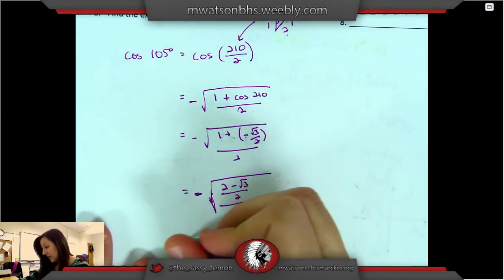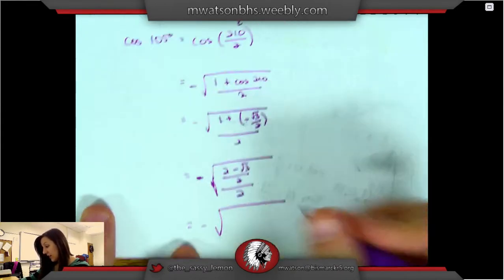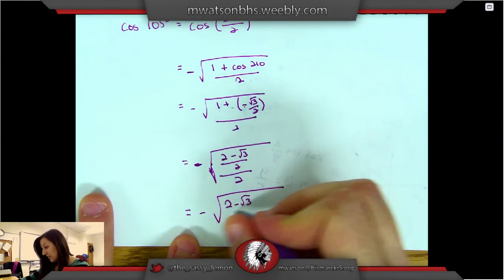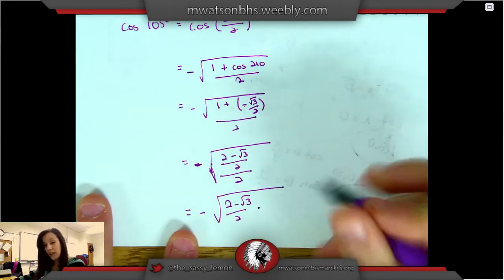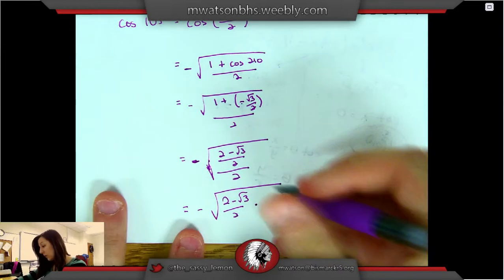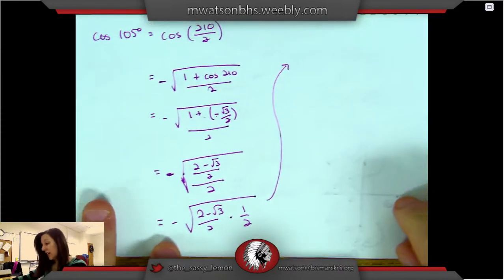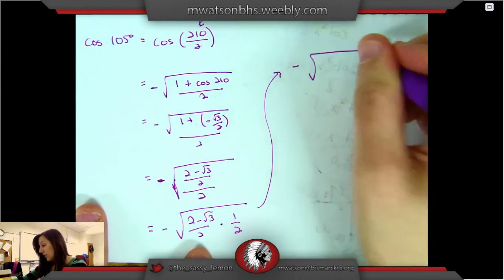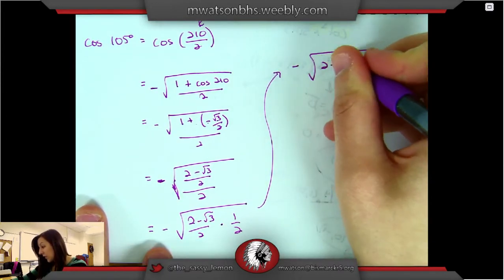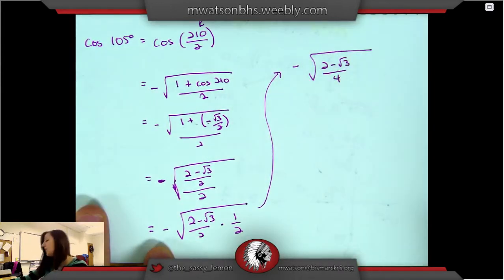Now we do stay switch switch. And we're going to have our first fraction times our second fraction flip, so 2 becomes 1/2. And I'm going to come back up here, and I've got negative square root of 2 minus the square root of 3 all over 4.